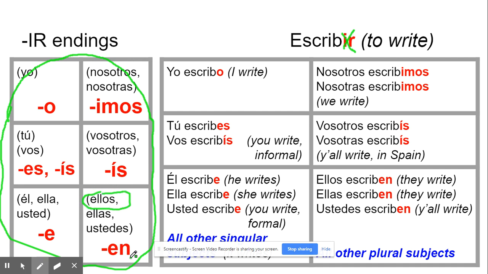So I'm going to need that ellos ending, en. So I'm going to replace the IR that I took off with en, and then I end up with the word escriben. Ellos escriben would mean they write, because ellos means they, and the en ending matches with ellos.